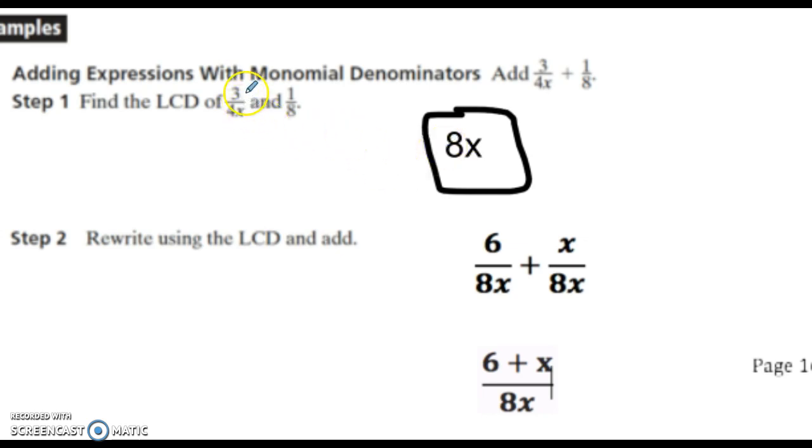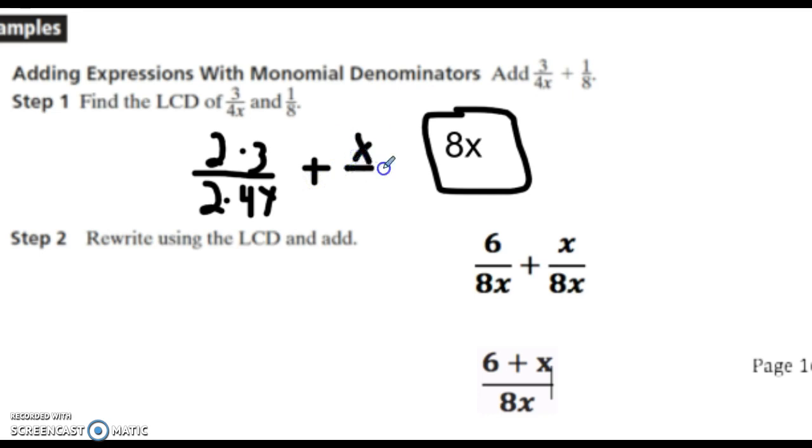So you're going to take the 3 over 4x, and you're going to multiply it by 2 over 2. And that should leave you with 6 over 8x. The second fraction, you're going to need to multiply by x over x.